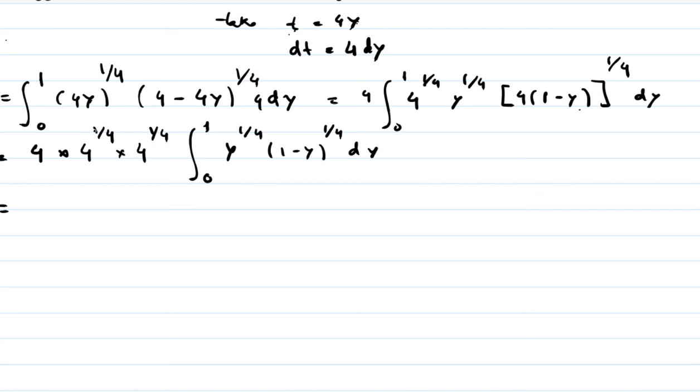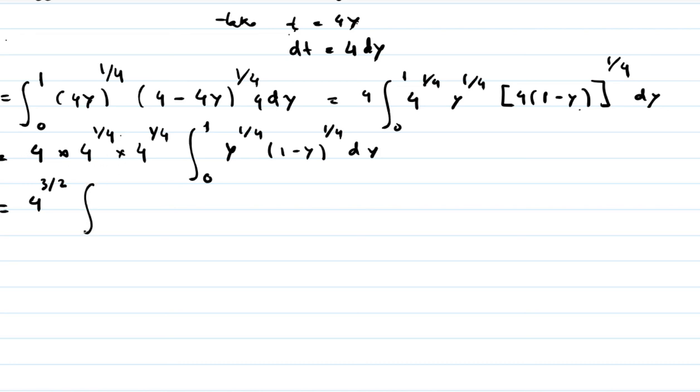So it's going to become what? 1 divided by 4 plus 1 divided by 4, because they have the same denominator. So 2 divided by 4, which is the same as saying 1 divided by 2, actually, plus 1. So this can also be represented as 4 raised to 3 divided by 2, because now we're taking the LCM of these ones, because the power is the same.